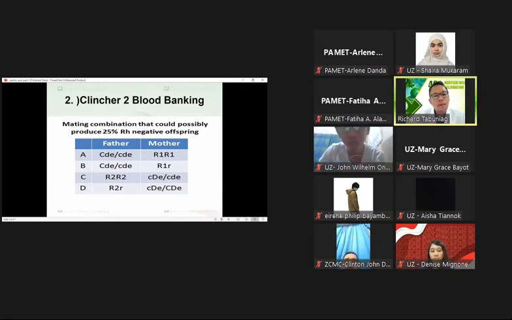Okay, mating combinations that could possibly produce 25% Rh negative offspring. A, father is capital C, small letter D, E, over small letter C, D, E, and mother capital R1, capital R1.